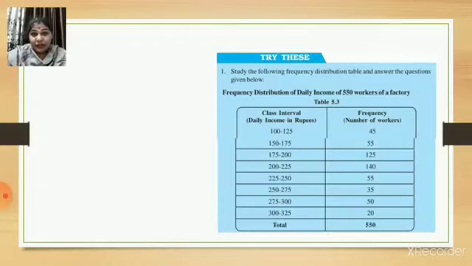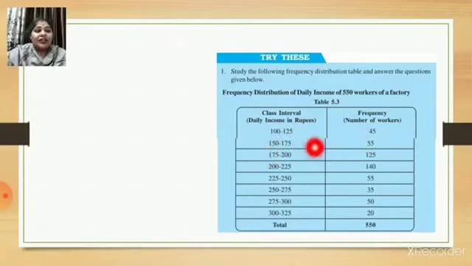Now this example we have already seen. This is the frequency distribution given of the daily income of 550 workers in a factory. This is the income, and these are the number of workers. For a daily income of rupees 100 to 125, how many workers were there? 45 workers.